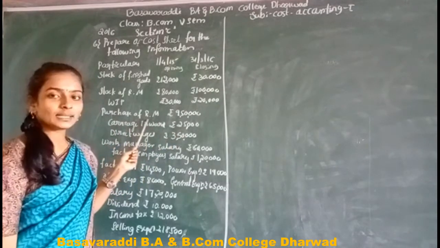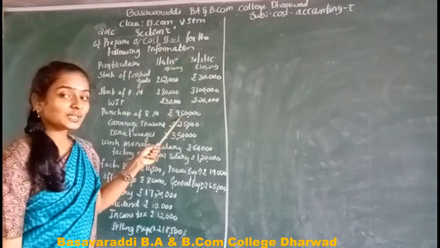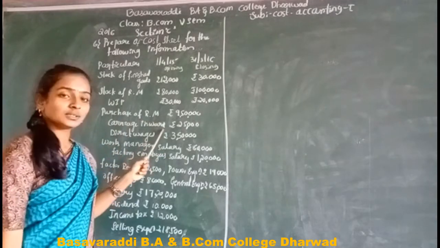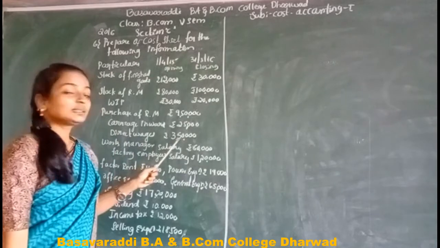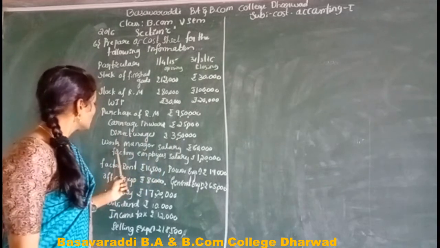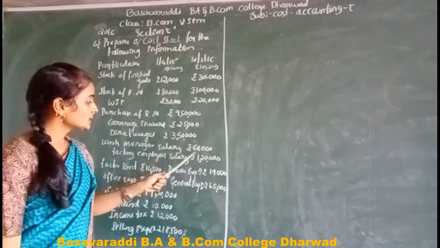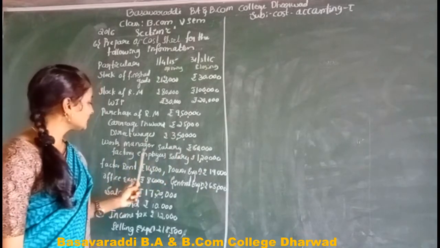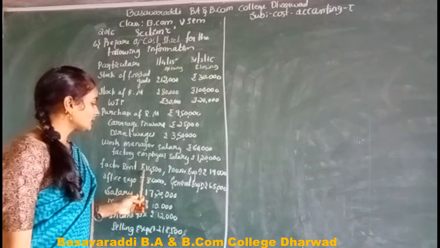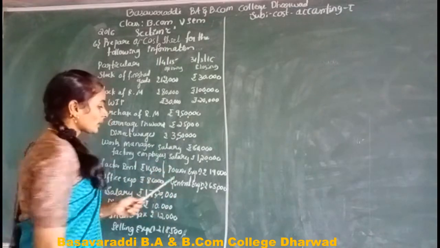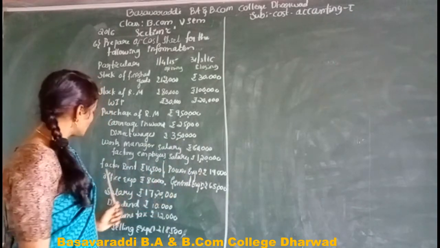Purchase of raw material 9,50,000. Carriage inward 25,000. Direct wages 3,50,000. Works manager's salary 60,000. Factory employees salary 1,20,000. Factory rent 14,000. Power expenses 19,000.